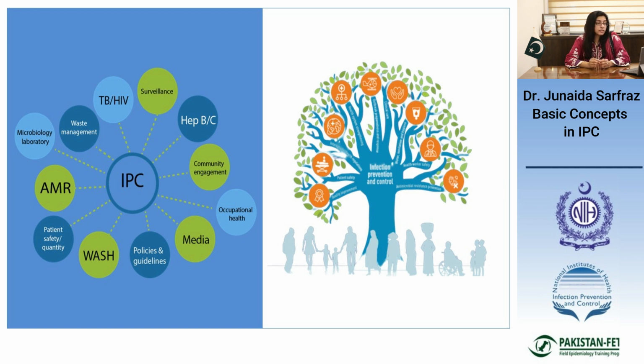You can see the branches of this tree, and if you consider the tree as infection prevention and control, there are so many different things that can guide us towards infection prevention and control. And if we forget one, or more than one, then we cannot reach our objectives. You can go through these at leisure, and a few of them we'll discuss in this session later on.